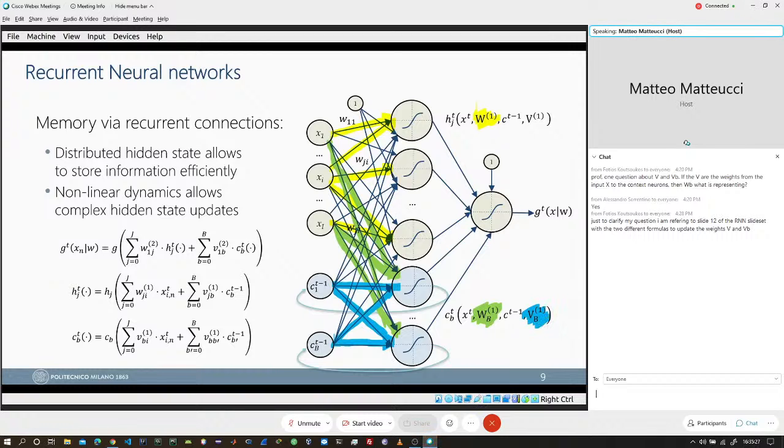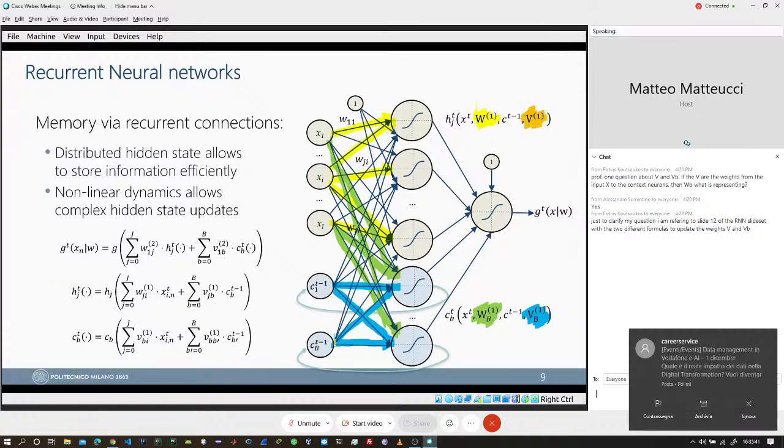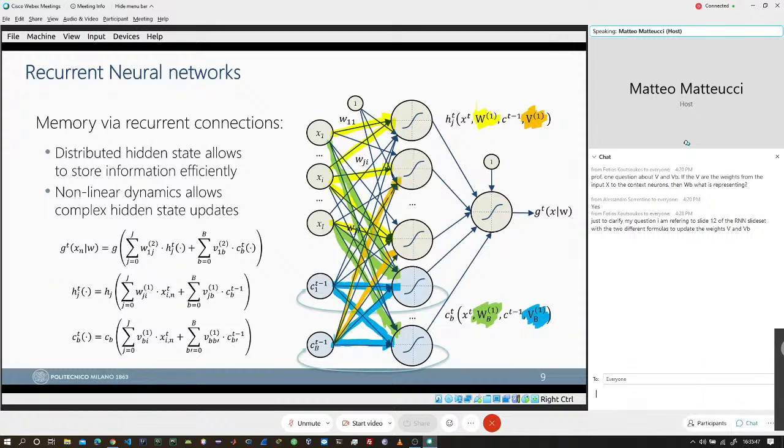And then we have some weights which affect the current output directly from the previous output.